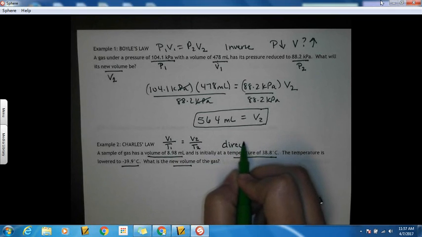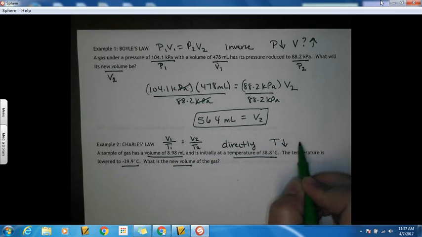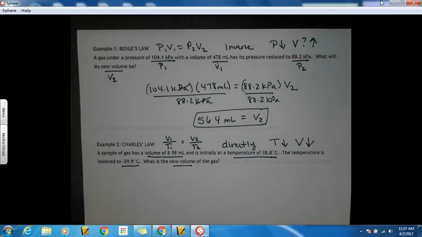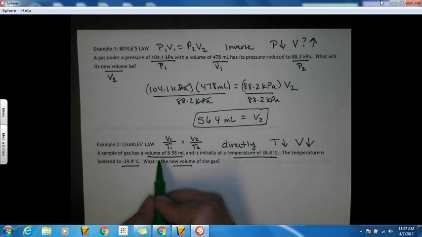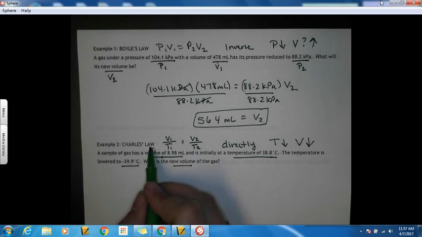And if they're directly proportional, then we should be able to know what to expect for our volume. Our temperature went down, and since they're directly proportional, that means our volume should go down as well. So we should have a smaller volume than we started with. So our initial volume would be our V1, sorry.